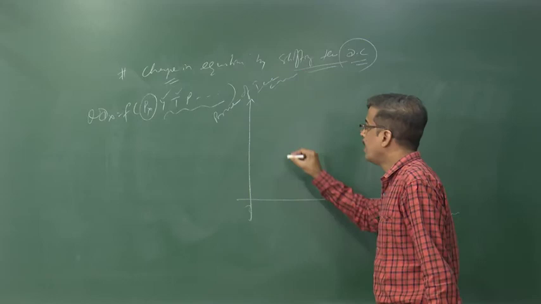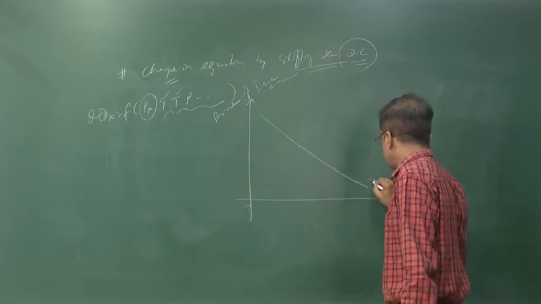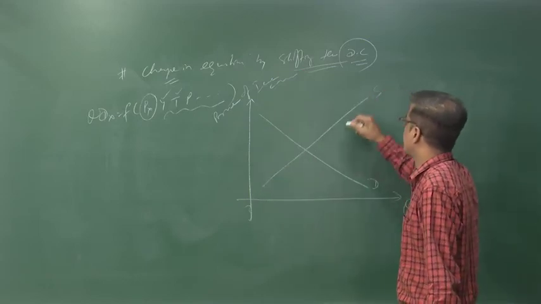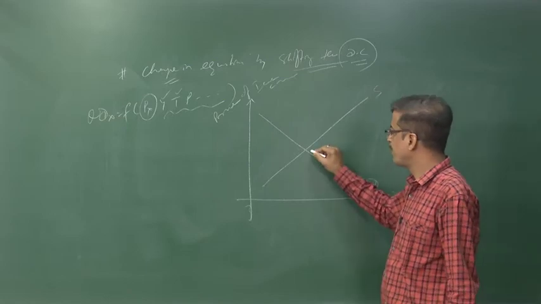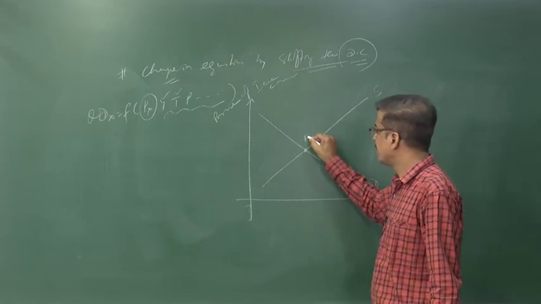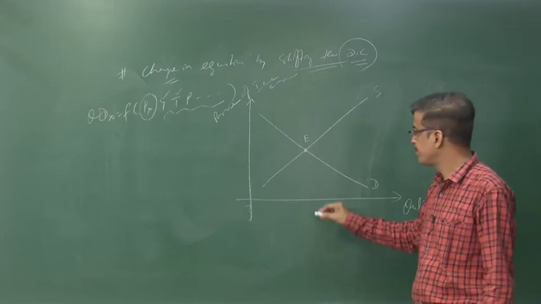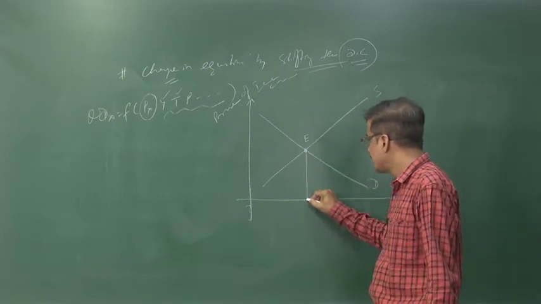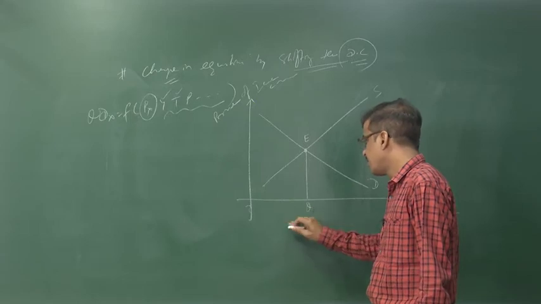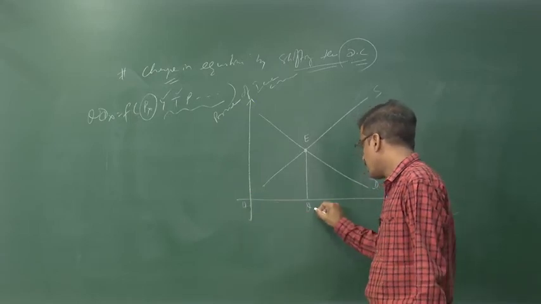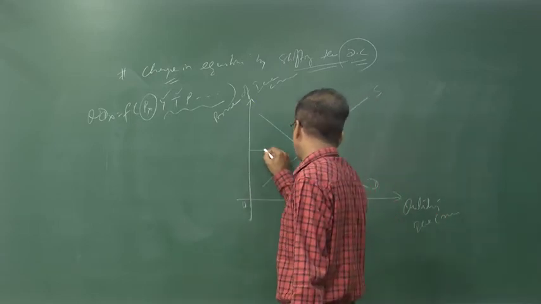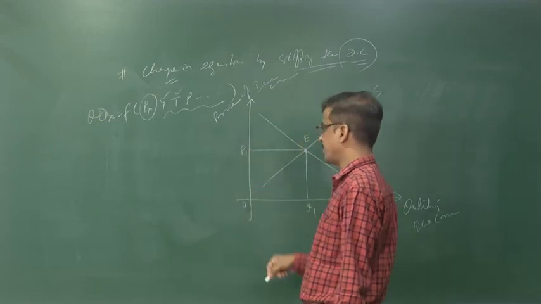This is the demand curve, downward sloping, and this is the supply curve. Initial point of equilibrium is here, E is the equilibrium point. Corresponding to that, the equilibrium quantity is Q1 and the equilibrium price is P1.